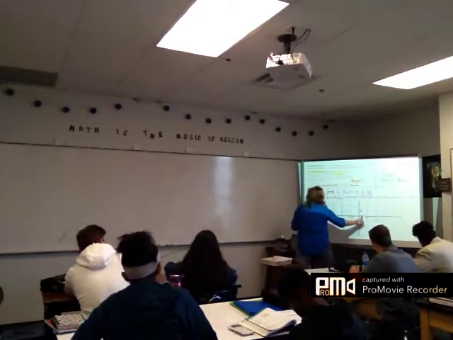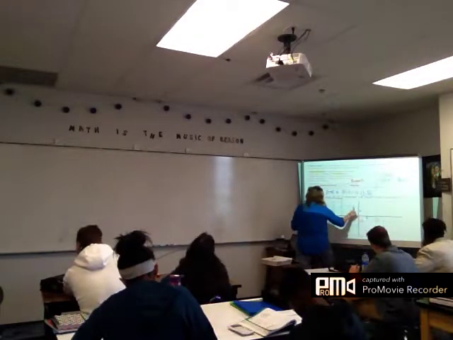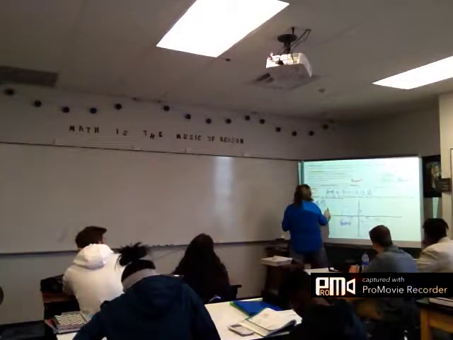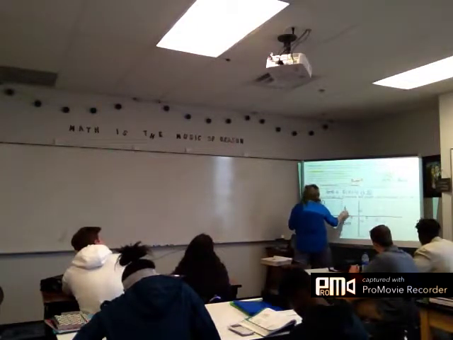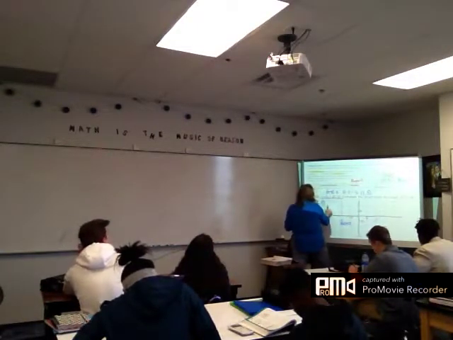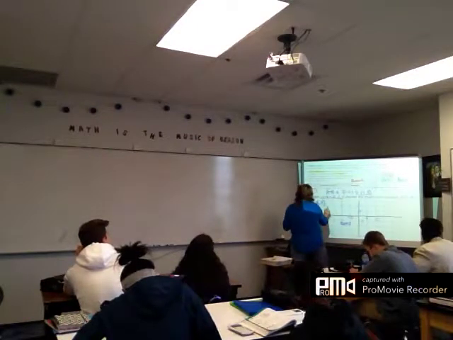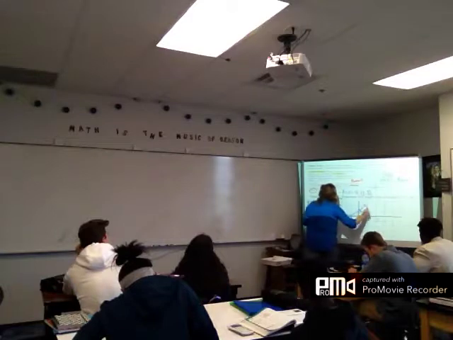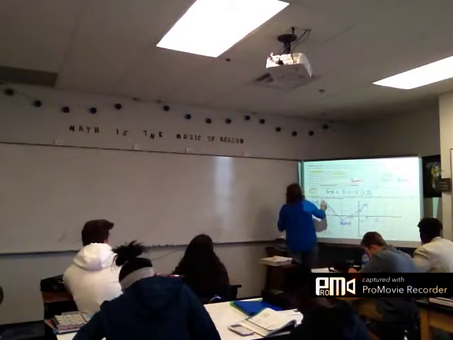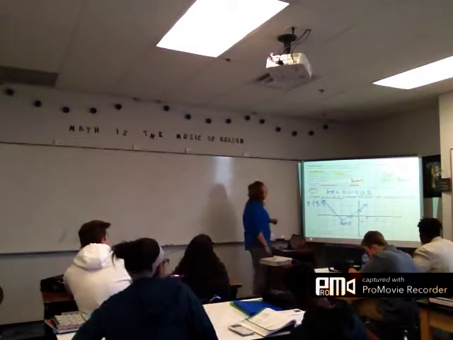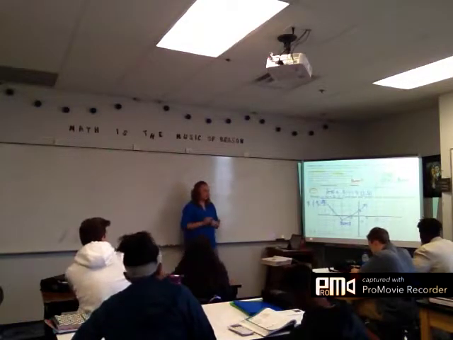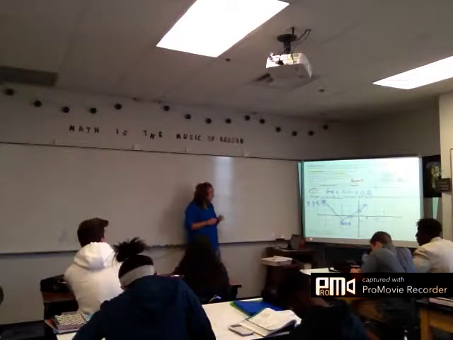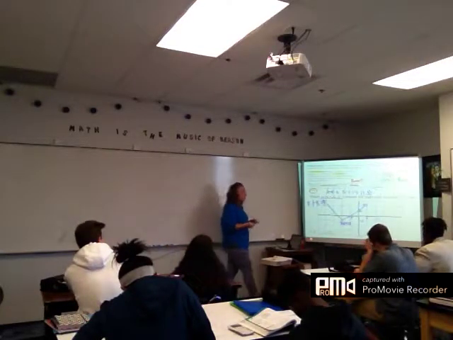So if this is at 1, 3, then it's 1, 2, so it would be here, right? Yeah. So my point would be there, and then I can draw my graph off of that. And now I have a graph of that equation. Does that make sense? Okay, graph the vertex first, then plug a point in and reflect it over.